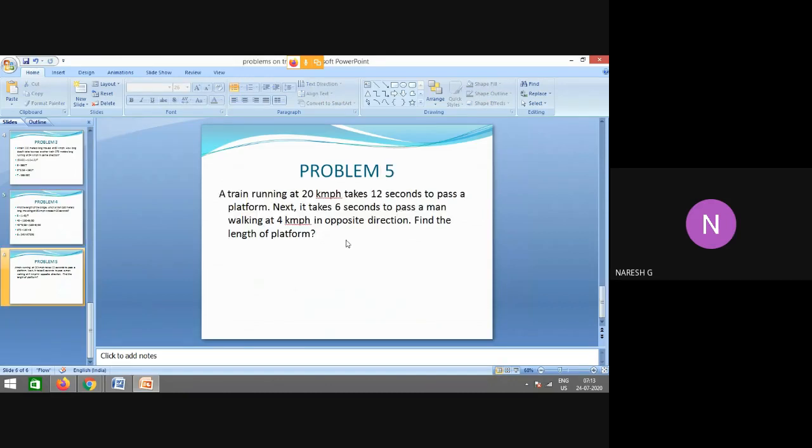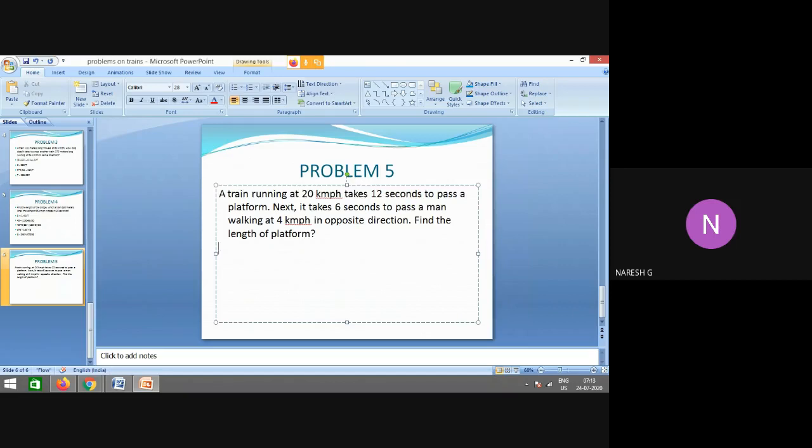A train running at 20 km per hour takes 12 seconds to pass a platform. It will take 6 seconds to pass a man walking at 4 km per hour in the opposite direction. So sometimes they will give a combination of two types. Here the train crosses a platform, and the same train crosses a man walking in the opposite direction.